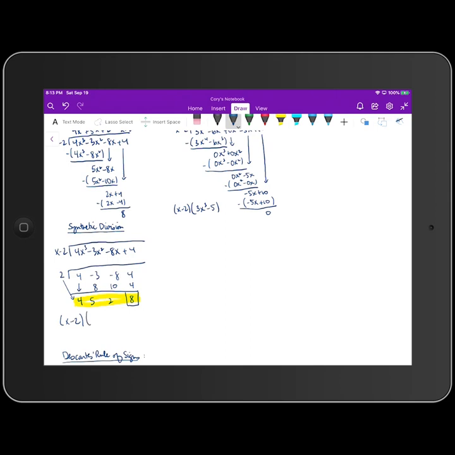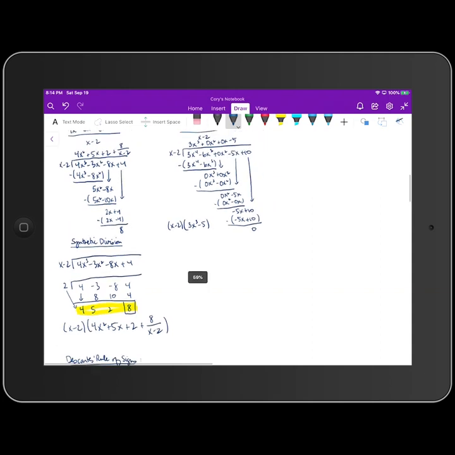So because we're dividing x into 4x cubed, the first number is going to be the coefficient of, in this case, the x squared term. Okay, so that's going to be 4x squared. The next value, 5, is going to be the coefficient for the x term. The next value, 2, is the constant. And then the number in the box, 8, is going to be our remainder.